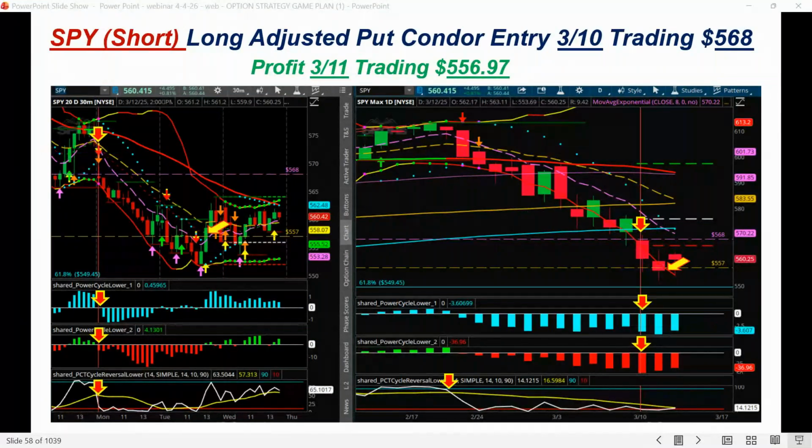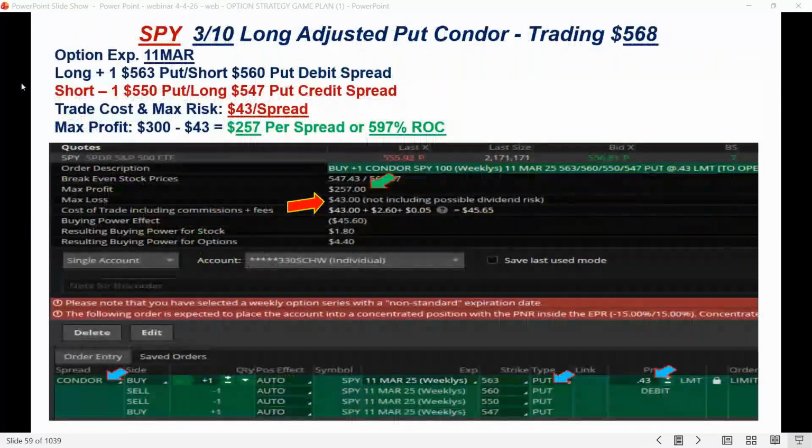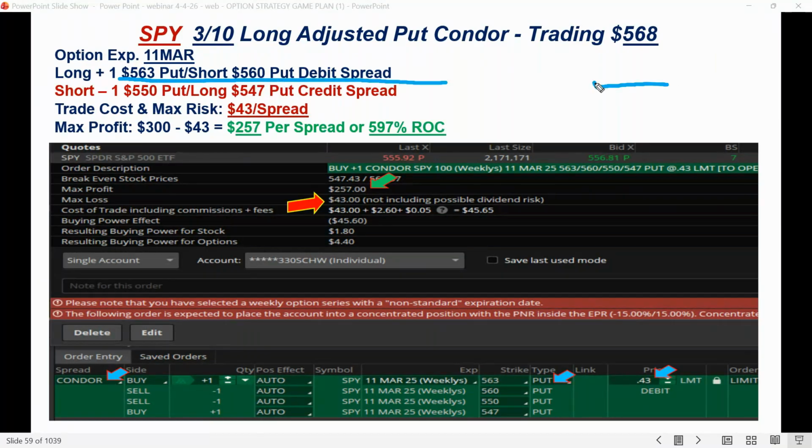So we ended up with this structure here, which is what I call opportunistic trade management. We started out with a nice put debit spread, 563, 560, $3 wide spread. And then when it crashed down, we took advantage of the sell-off and sold the 550, 547 bull put credit spread down below, bringing in a lot of credit to offset the debit cost.